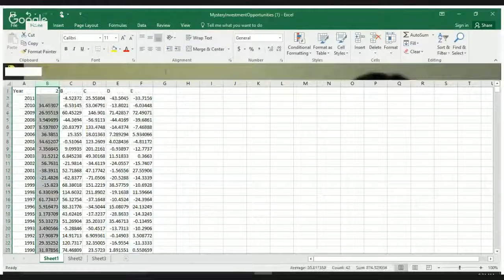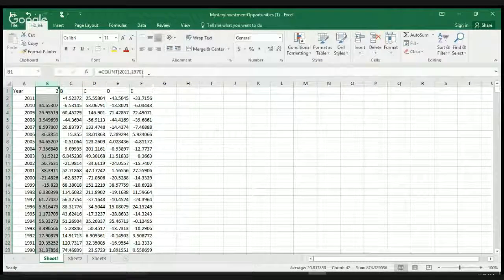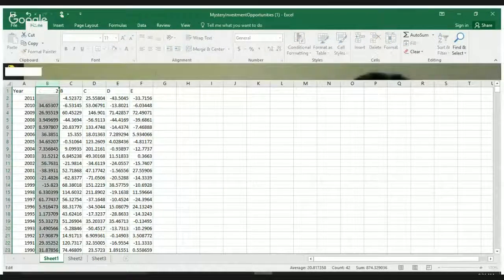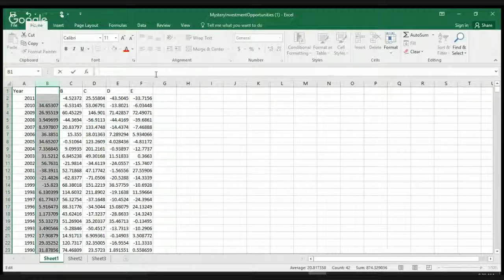Okay. So I hit count, and then it said to put a start number and an end number. So I put 2011.